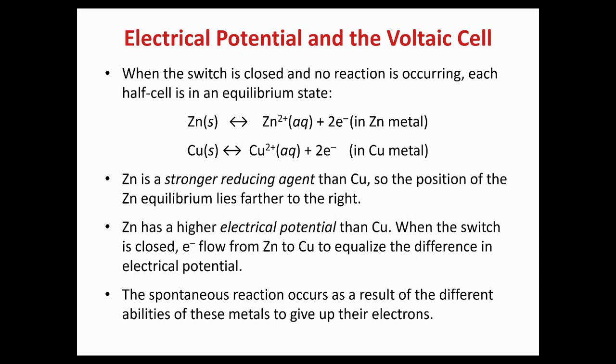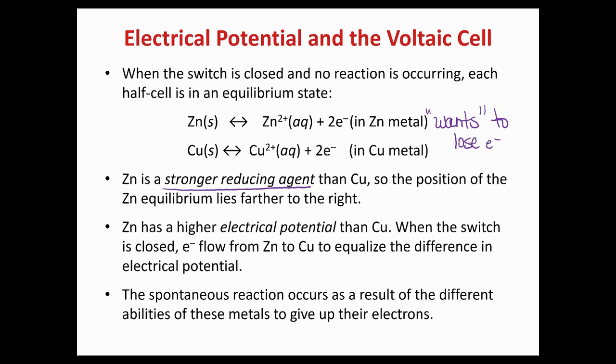Okay, so why did zinc lose electrons? Is because it has a much stronger ability to lose electrons. So it is a much stronger reducing agent. It wants to lose electrons.